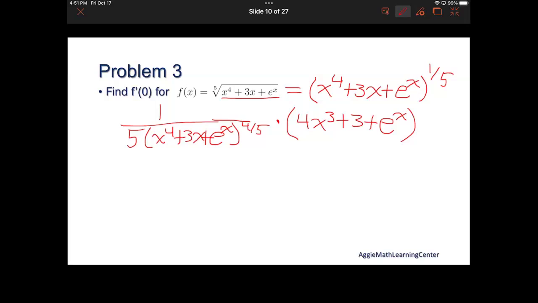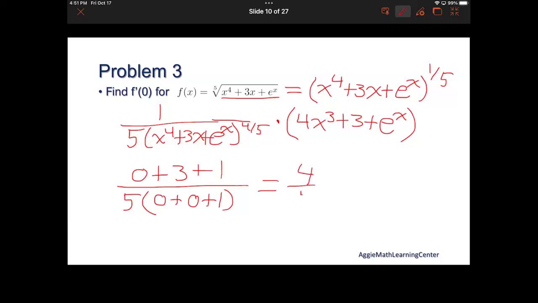So if we look here in the numerator, we've got 4 times 0, so that's 0, plus 3. e to the 0 is 1. And then we divide that by 5 times 0 plus 0 plus 1. So that gives us 4 fifths.